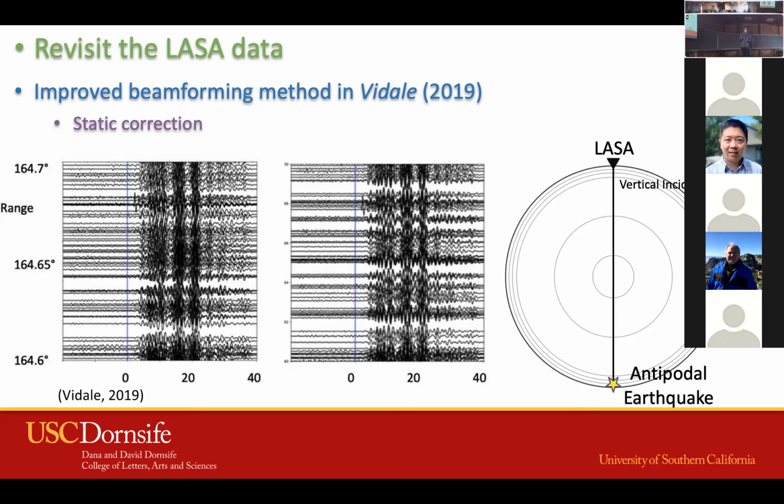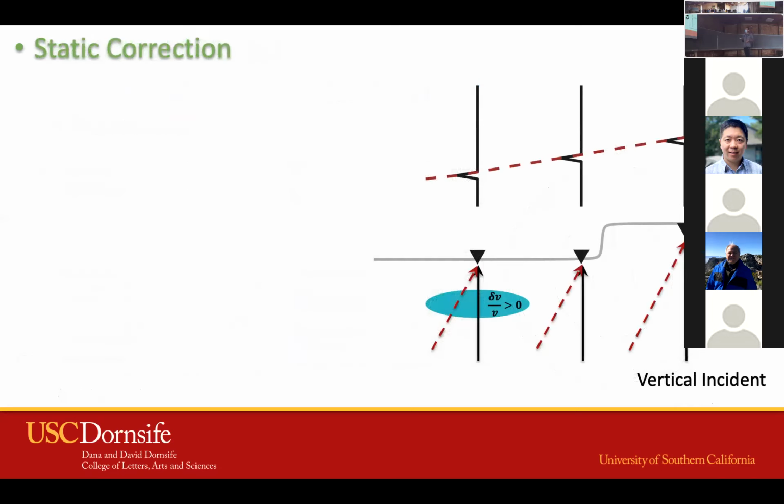To align them, there is a small adjustment to align all the seismic waves together. This tiny shift for each seismogram is the static. The static correction tries to correct the effect of velocity anomalies within the mantle and the crust, and also the topography.